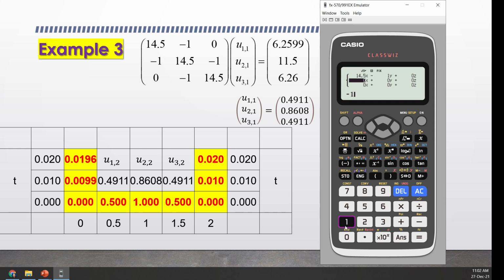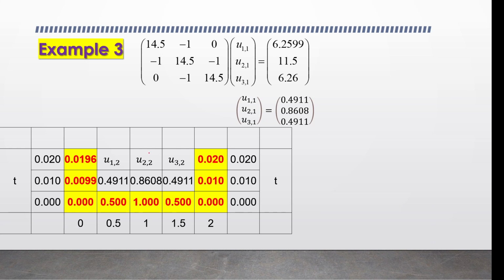Then negative 1, 14.5, negative 1, 11.5. Then 0, negative 1, 14.5, 6.26. So you get x, which is U11, 0.4911, y, which is U21, 0.8608, and z, which is U31, 0.4911. You put the values here for U11, U21, U31.